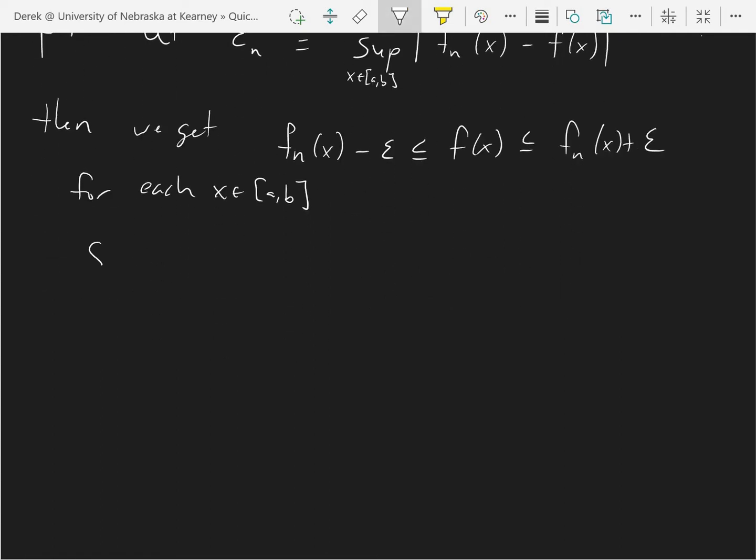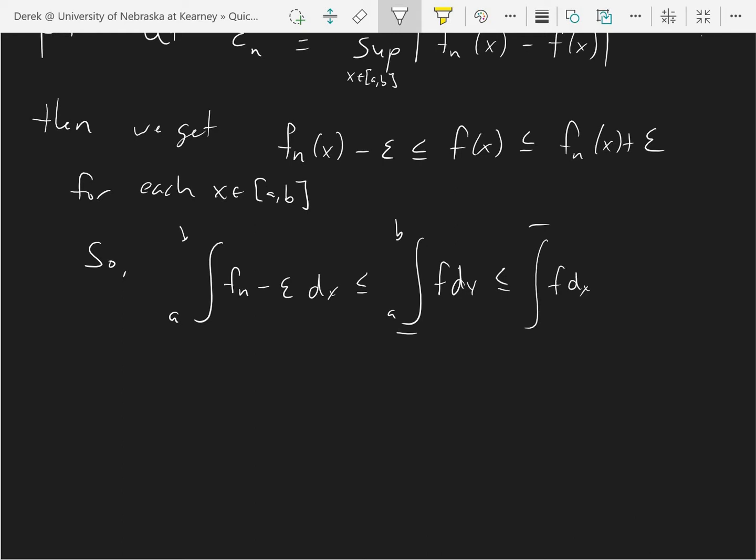Okay, so for the lower integrals and the upper integrals, we get the integral from a to b of f sub n minus epsilon sub n dx is less than or equal to the lower integral of f dx from a to b, which is less than or equal to the upper integral of f dx from a to b, which is less than or equal to the integral of f sub n plus epsilon sub n dx from a to b.